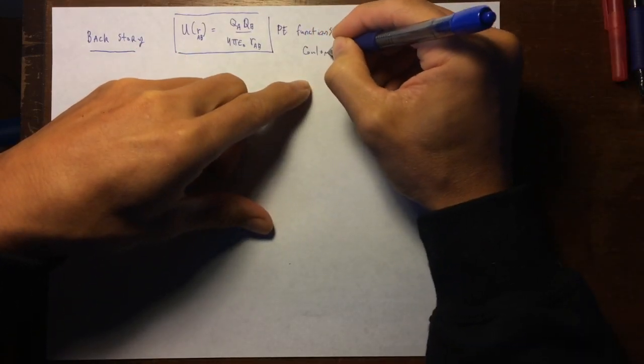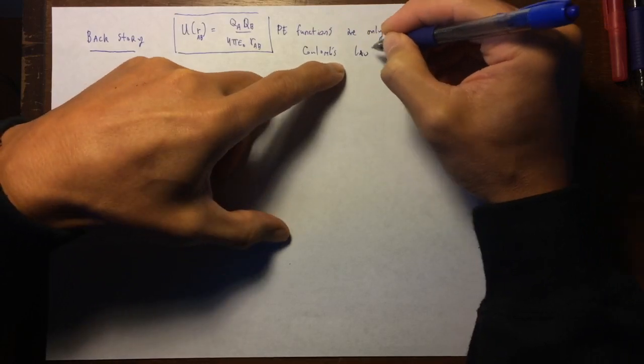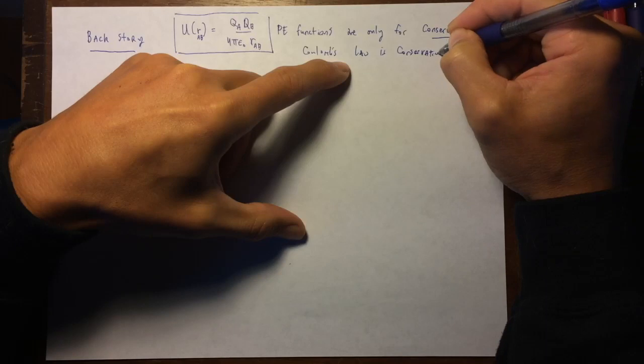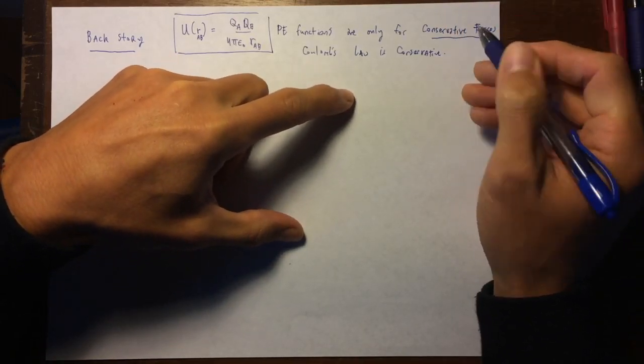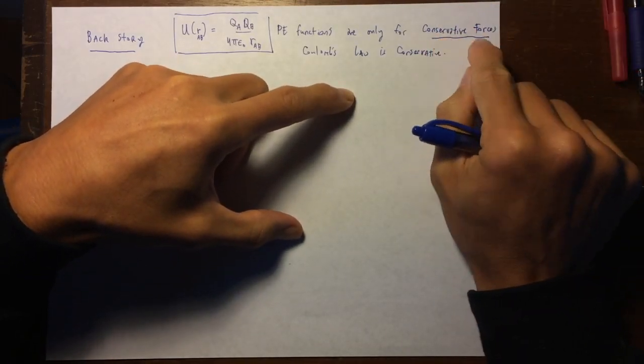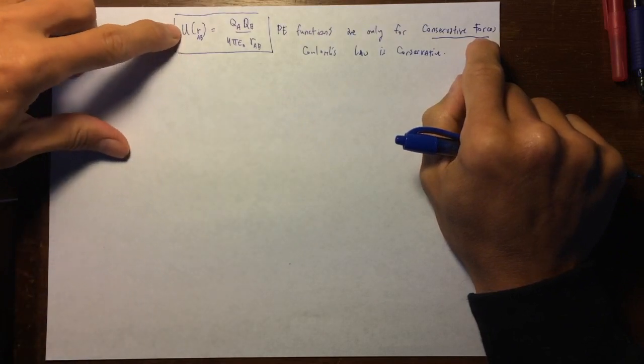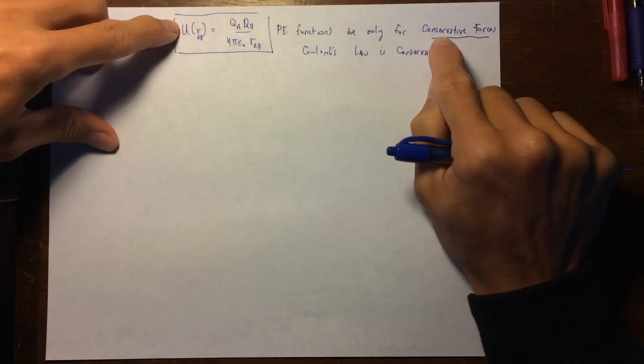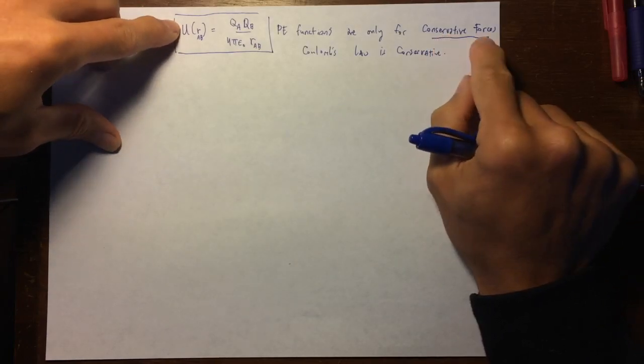Coulomb's law is conservative. And when you have a conservative force, that is synonymous with being able to design an energy, or a potential energy, associated with that interaction.